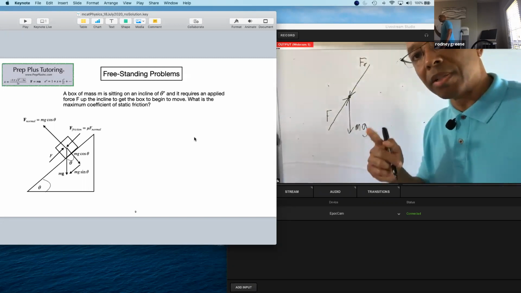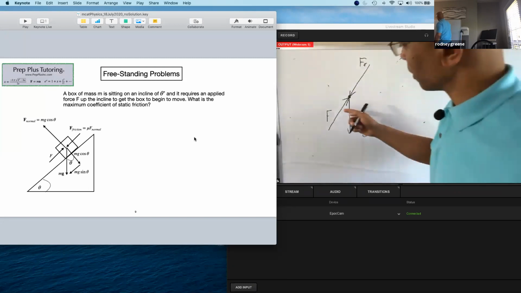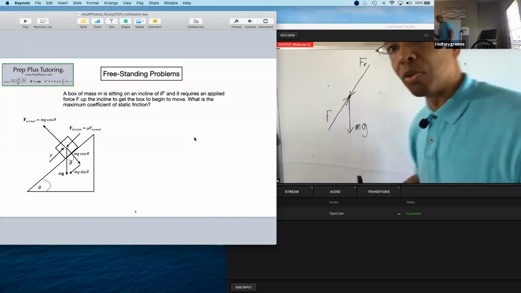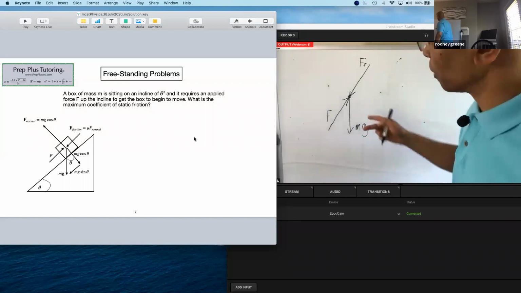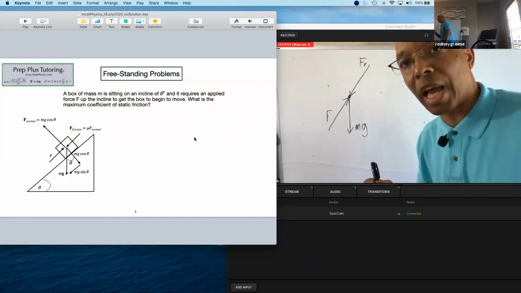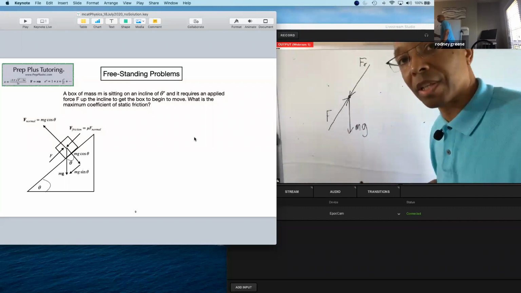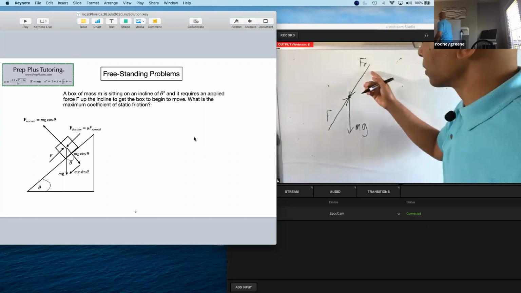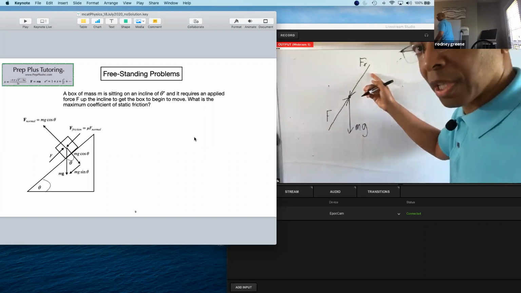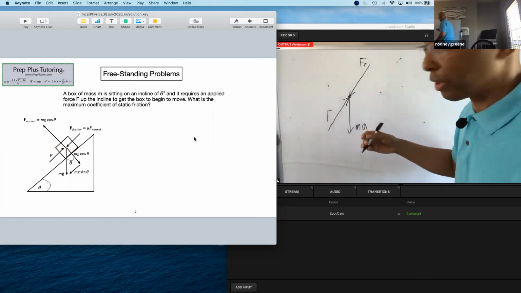And we're not quite done. Friction depends on a normal force. We're on this incline, so normal means perpendicular. So the normal force acts perpendicular to this surface. This surface is the incline. So the force due to friction is proportional to the normal force, which is perpendicular to the surface.